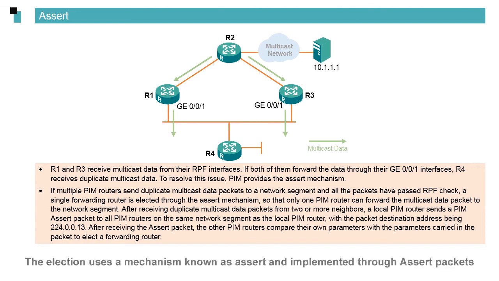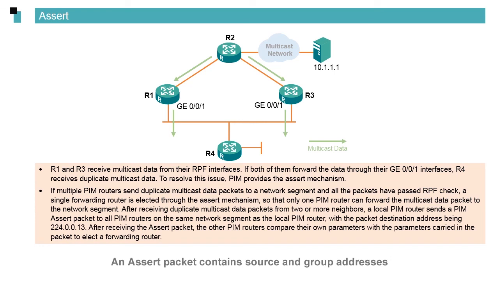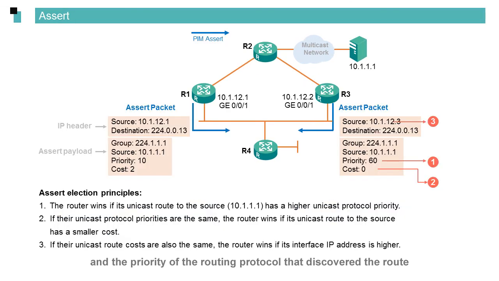The election uses a mechanism known as assert and implemented through assert packets. An assert packet contains source and group addresses, the metric of the unicast route to a source, and the priority of the routing protocol that discovered the route.